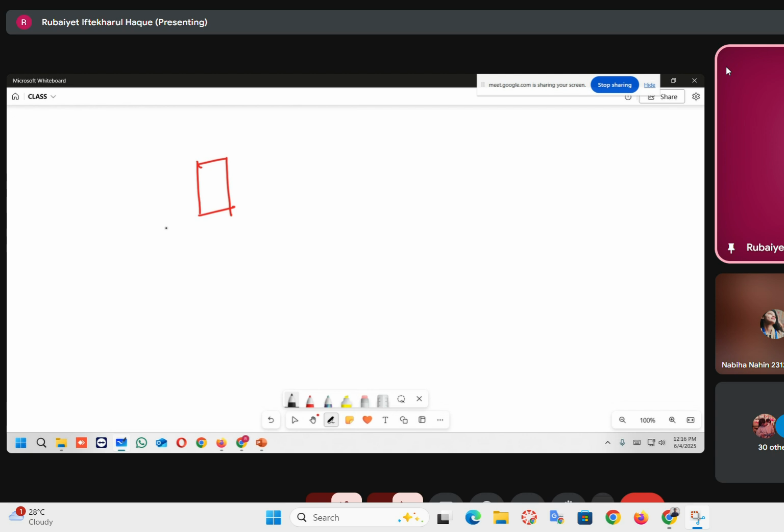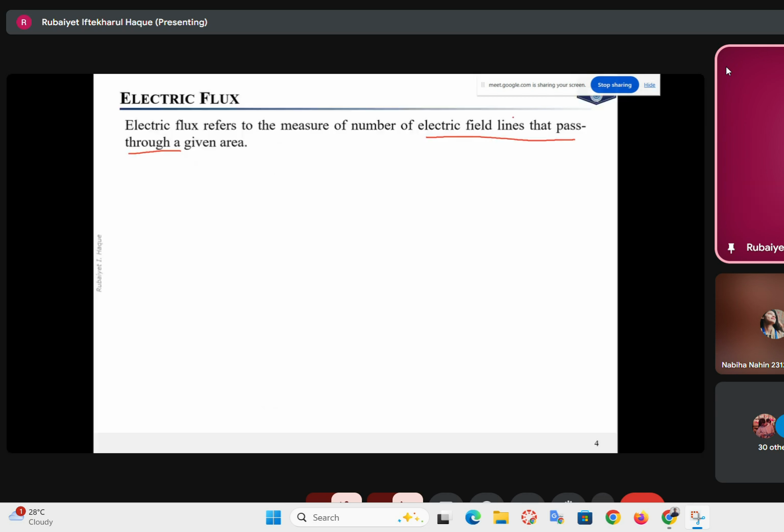If it is at that kind of angle, then, if you remember from the vector chapter, you can split it into two components, horizontal and vertical: EX and EY. EX represents the cosine component, E cos theta, and the other represents E sin theta, if it is creating the angle theta with the horizontal axis. By definition, when we say the electric field lines are passing through, it has to penetrate completely.